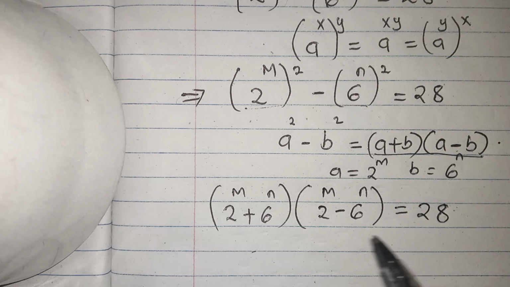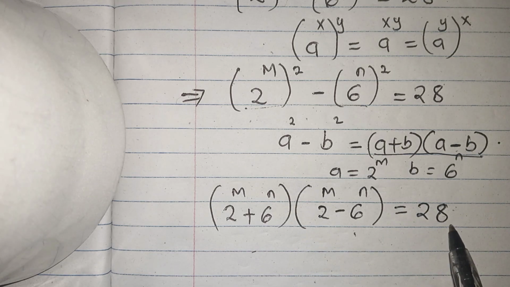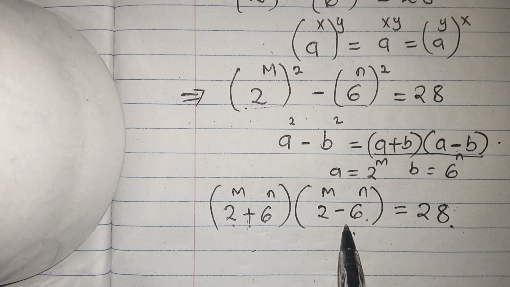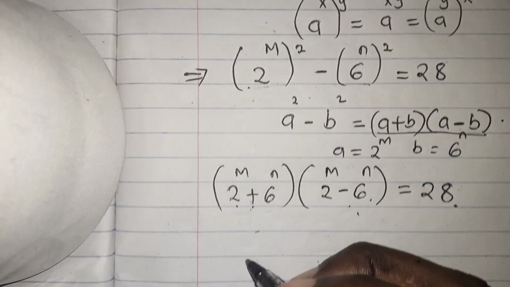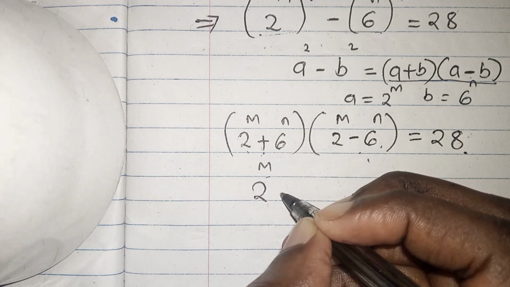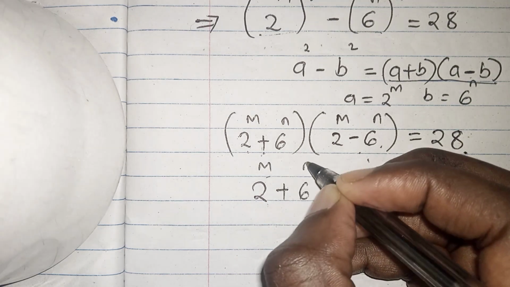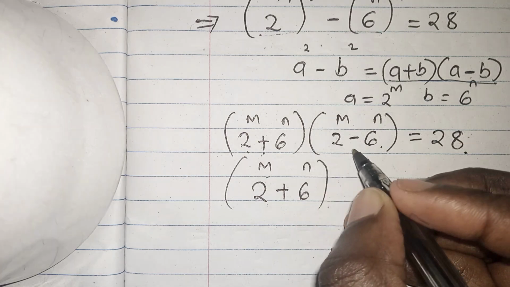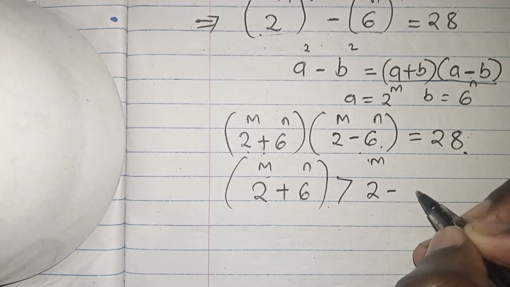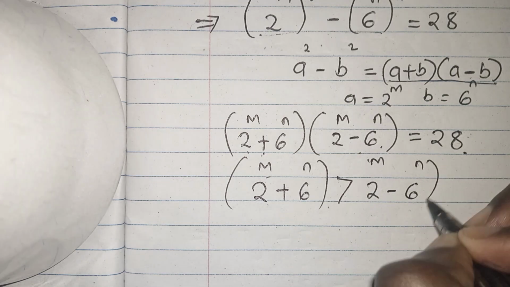Good. So their product is equal to 28. You can see these numbers are the same, but the difference is only the sign. So we have here positive and negative. So this means that 2 to the power of m plus 6 to the power of n is greater than 2 to the power of m minus 6 to the power of n.